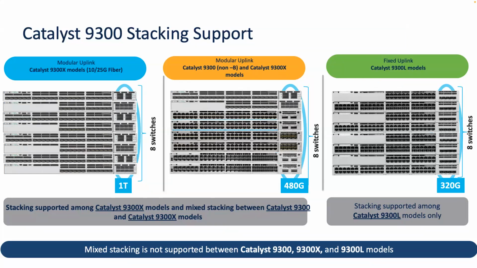However, the L series 9300 switches are not capable of a mixed stack with any other series of switches. Okay, and one more thing is that to form the stack, the switches in the stack must run the same IOS version and license. Otherwise, you may see some of the switches not able to join the stack. That's all about the stack.